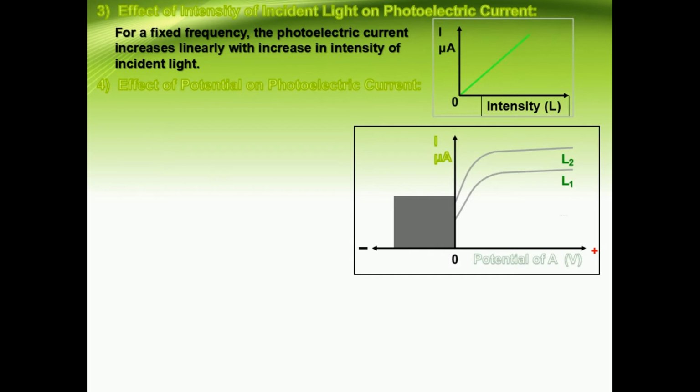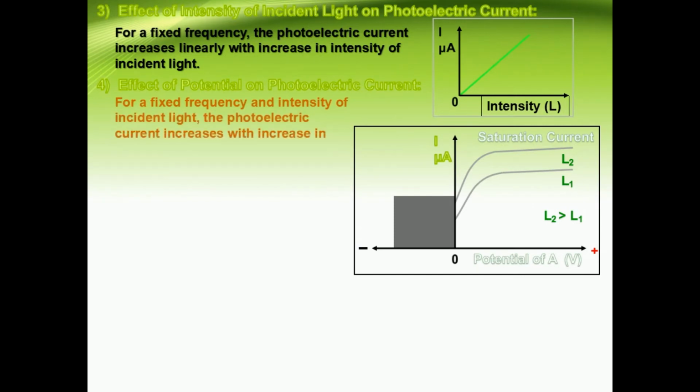Effect of potential on photoelectric current. For a given intensity of incident light, the photoelectric current increases with an increase in positive potential applied to the anode. When all the photoelectrons reach the plate A, current becomes maximum and it is known as saturation current. When the potential is decreased, the current decreases and does not become zero at zero potential.